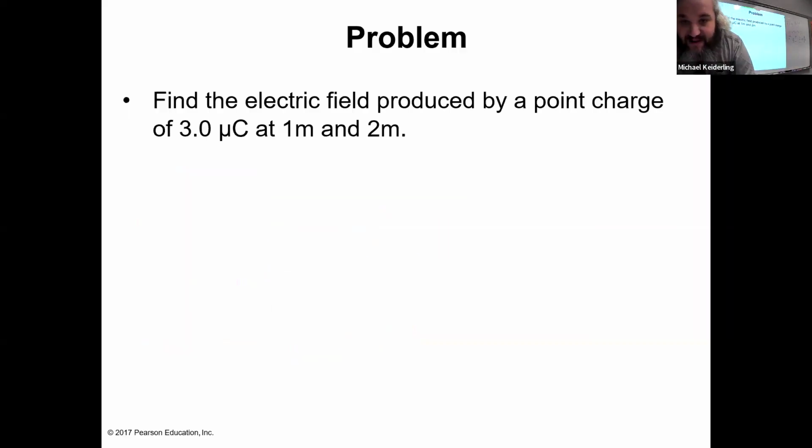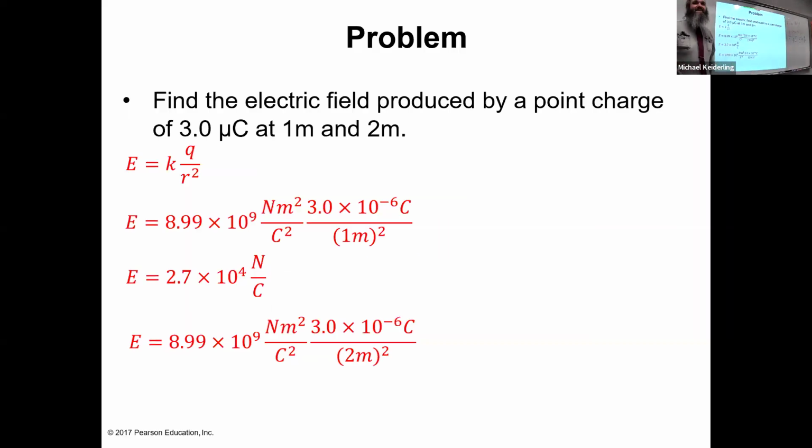Sorry about that. I just want to make those a little clearer. Which is 6.7 times 10 to the 3rd newtons per coulomb. At 2 meters it's a quarter as much.